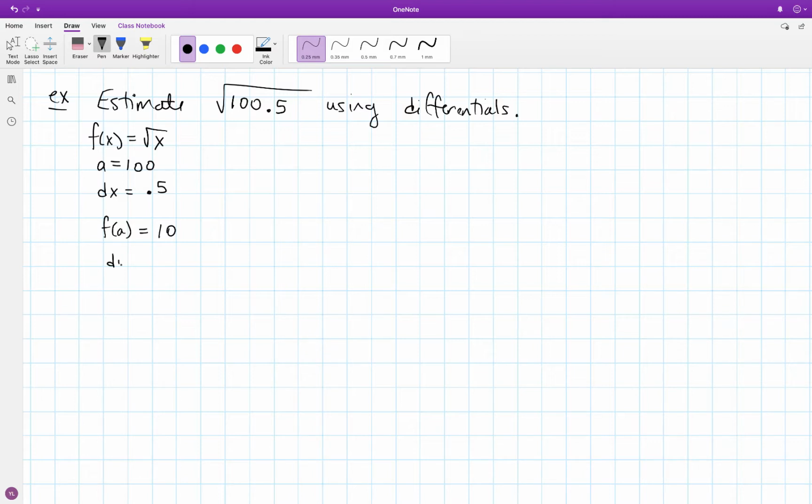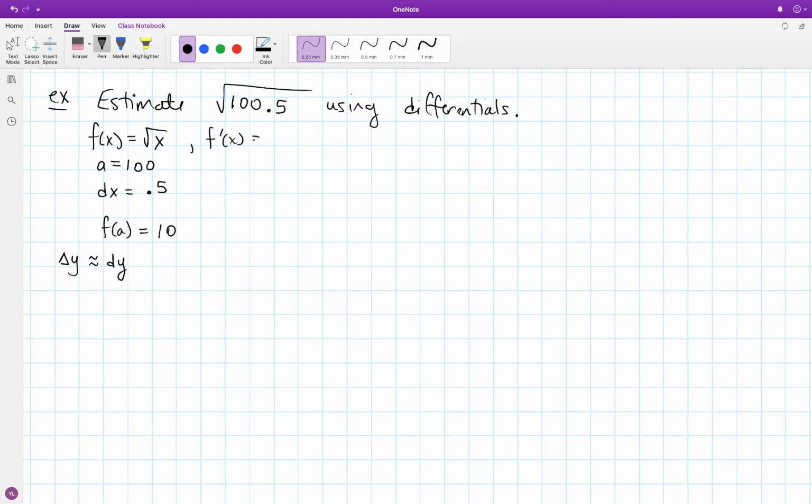I want to know dy, that'll approximate for me how much that dependent variable has moved away from 10 when 100 moved over to 100.5. I'm just putting different words on top of the very same problem that we would do with linearizations. Okay, so let me crank out the derivative because that's going to be helpful for the differential formula.